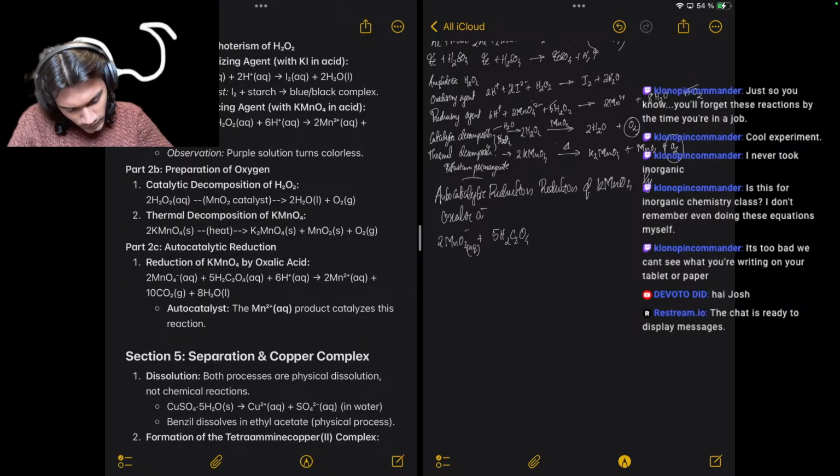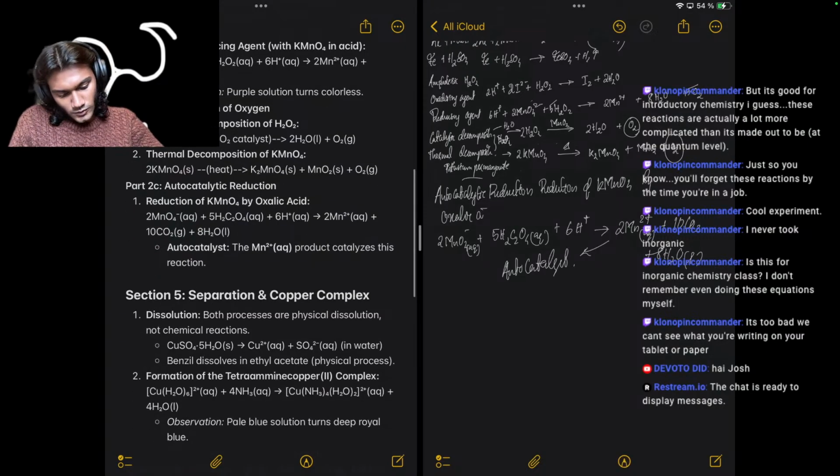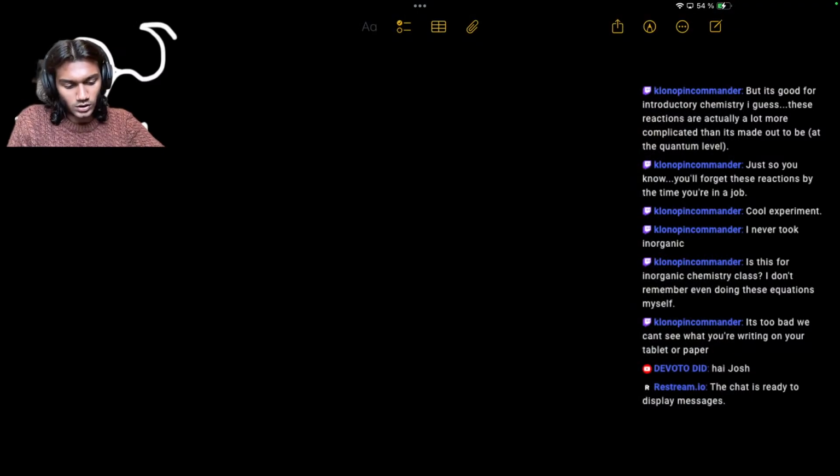Oh goddamn, oxalic acid is one weird 6H plus. Okay, that's what leads to autocatalysis. Yep, that's for section 4.